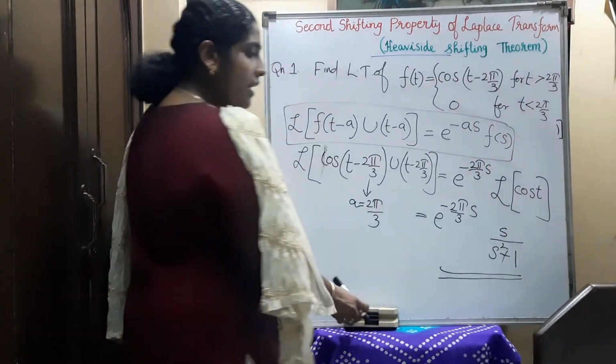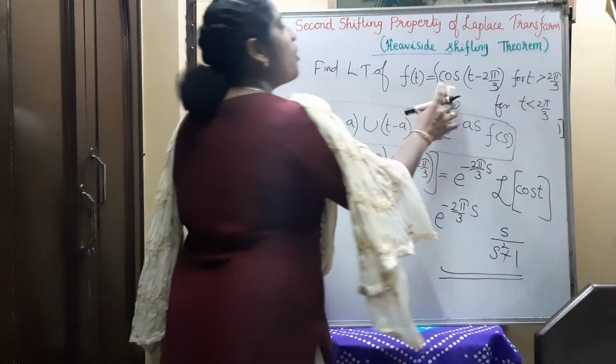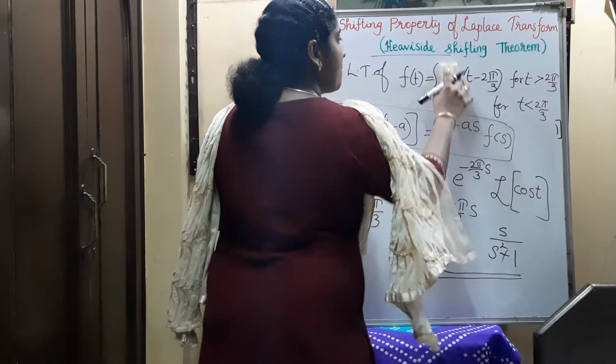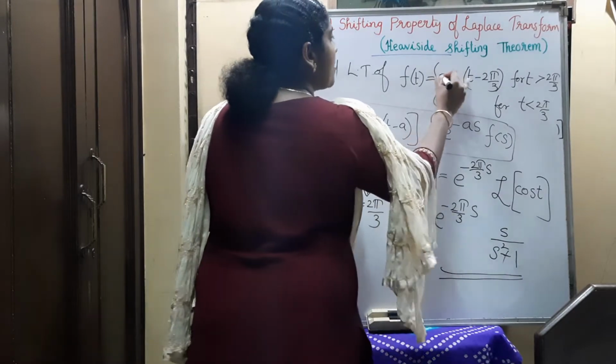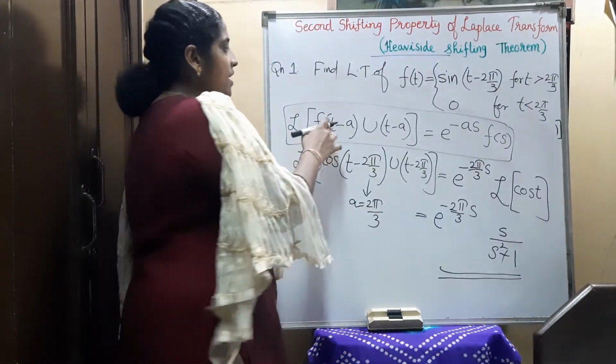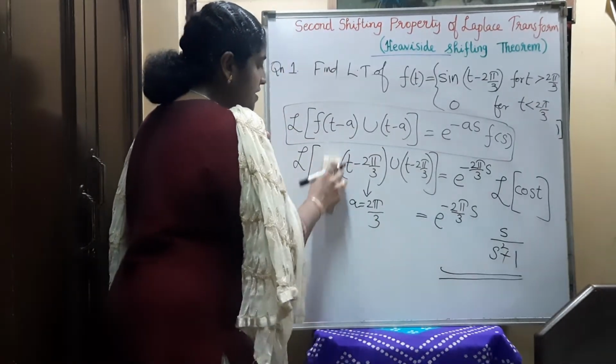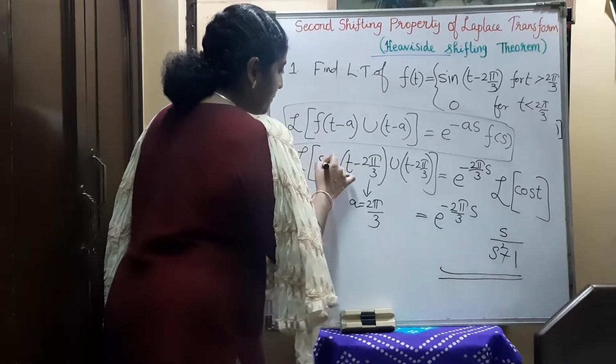Similarly, we can do the Laplace transform of the sine function. The same question, if we find the Laplace transform of the sine function, similarly we can do it. Instead of cos, it will become sine.